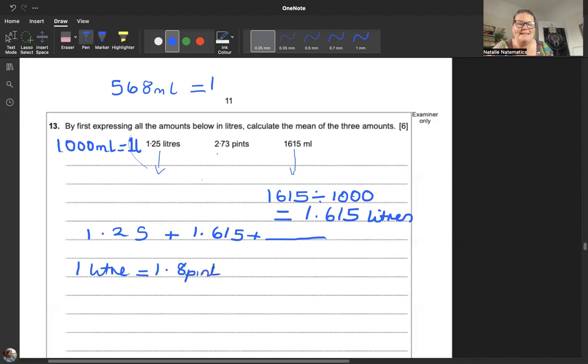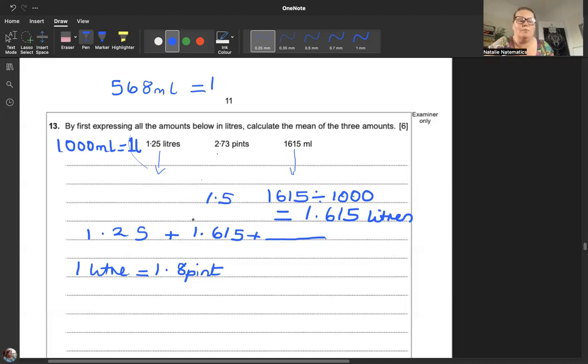Alexa, what is 2.73 pints in litres? 2.73 imperial pints is about 1.551 litres. So I'm going to do 2.73 divided by 1.8. I get 1.516, yeah.